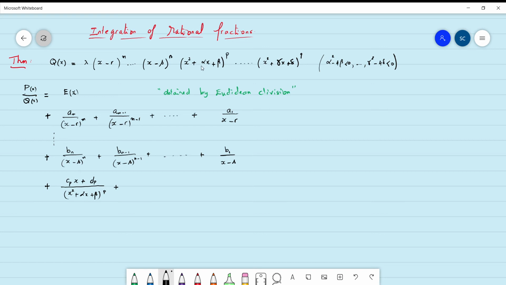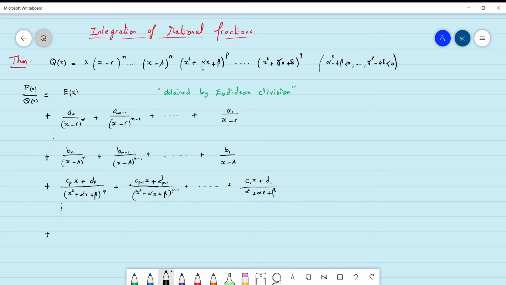So we will have c_(p-1) x plus d_(p-1) over x squared plus alpha x plus beta to the power p minus 1. We decrease until we reach degree 1, so c_1 x plus d_1 over x squared plus alpha x plus beta. We stop and continue like that with all similar terms.